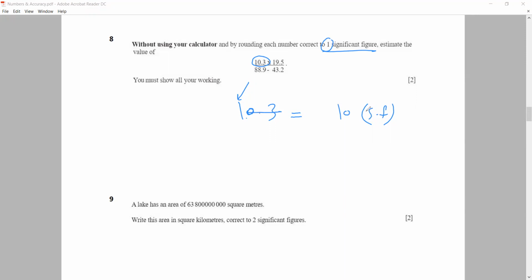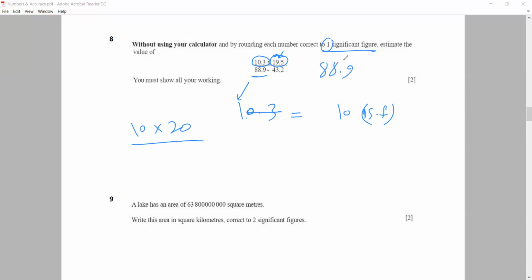So 10.3 is 10 to 1 significant figure. 19.5: since 9 is greater than 5, I add 1 unit to 1, so basically I get 20. So I'm going to rewrite everything here. 10.3 becomes 10, 19.5 becomes 20, 88.9 becomes 90.